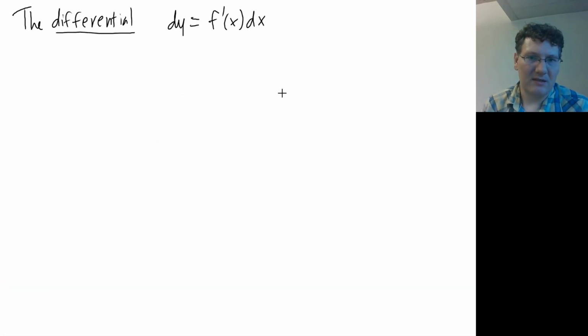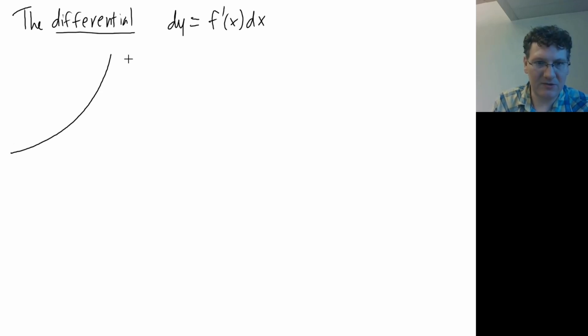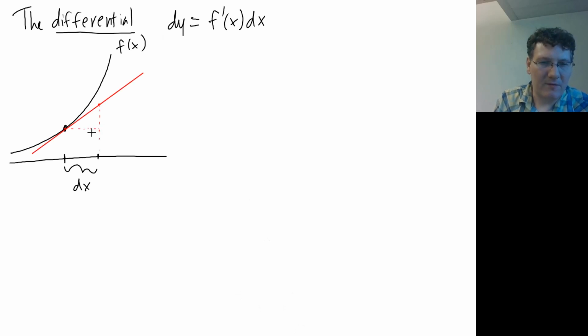The differential dy is f prime of x times dx, which we can put in terms of a picture. If this is the function f of x, and this is a point we're interested in, and this is a distance dx, we draw the tangent line, where the slope of this line is f prime of x, at the point, call it a or whatever.